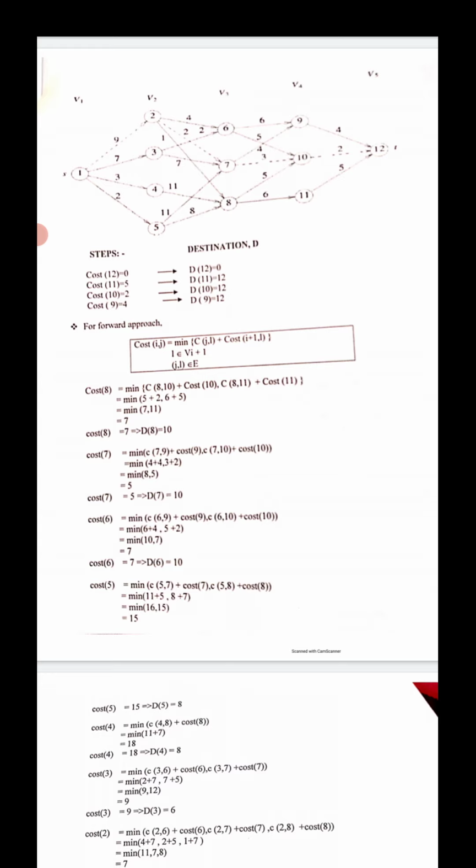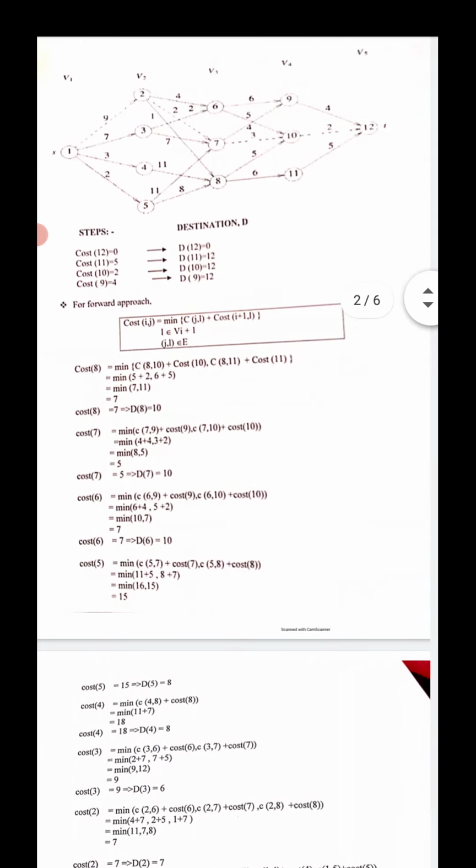Cost of 5 comma 7, how much is the value? 11 plus cost of 7, how much? 5. Cost of 5 comma 8, how much is the value? 8 plus cost of 8, how much is the value? Cost of 8 is 7. Now we have to calculate the minimum of 16 comma 15. Which one is minimum? 15.